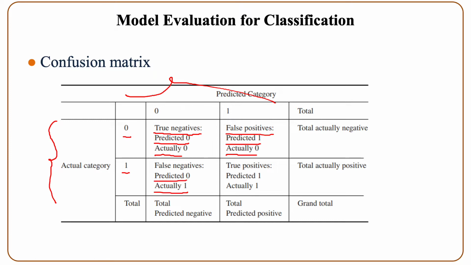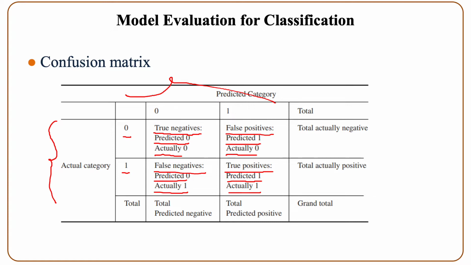So this counts toward the misclassification as false negatives. And in the last cell, the actual classification is 1, while the predicted classification is 1 also. So this cell counts toward the true positives.